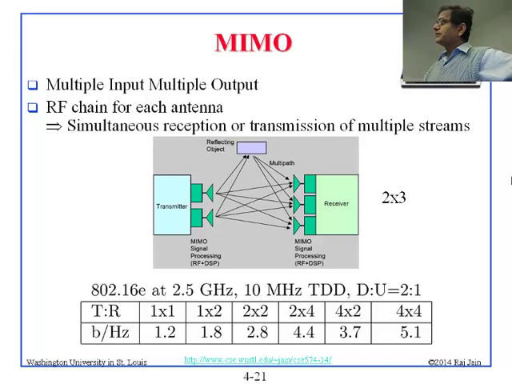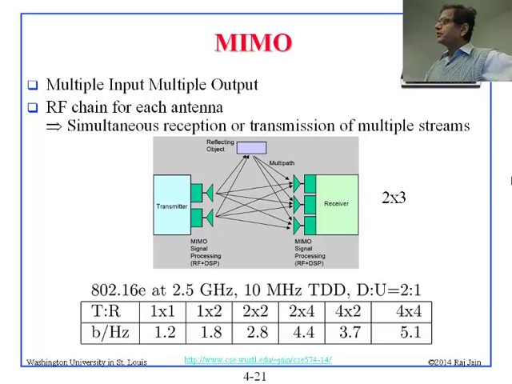Okay, so here is some actual measurement. And this was done at the time of WiMAX. WiMAX is 802.16. At 2.5 gigahertz, 10 megahertz, TDD, all that. It doesn't really matter to you because we haven't discussed any of this. And so the idea is that if you have 1 by 1, you get 1.2 bits per hertz.